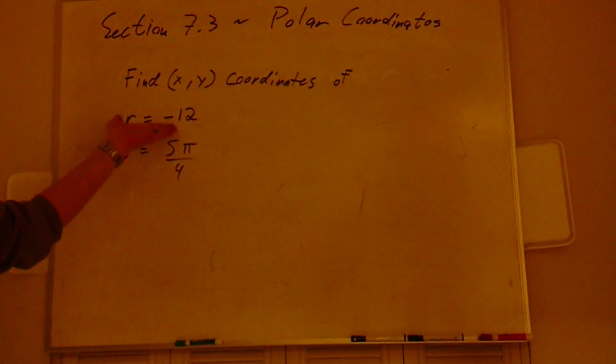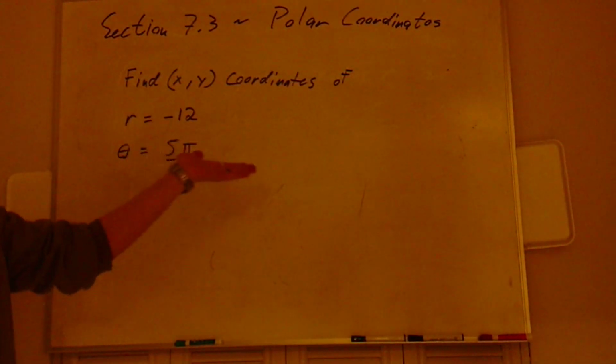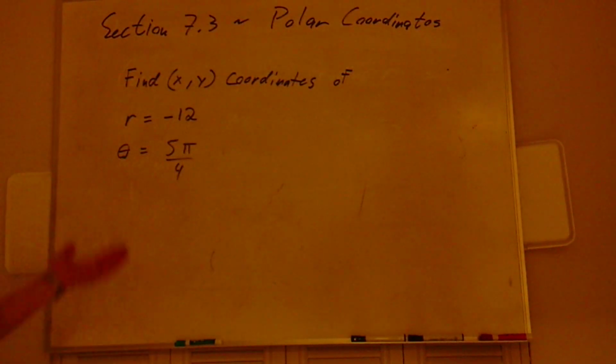This can get goofy like this. There's nothing saying the radius has to be a positive number. It doesn't even have to be a whole number. Negative 12 is fair game here.